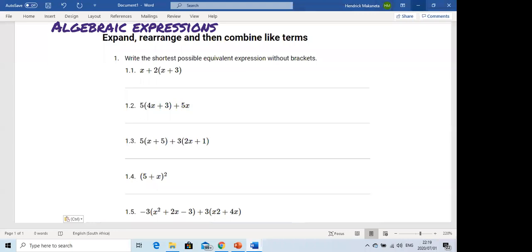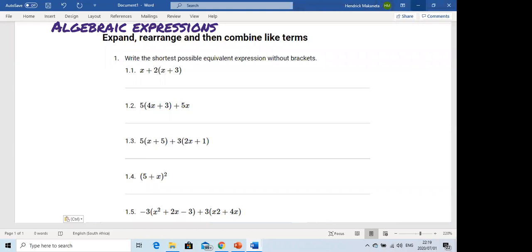And of course, all that we need to do is simply to write them in the shortest possible equivalent expression. So this simply means you need to simplify your expression. So we have already simplified the second one. We are now proceeding to the third one.